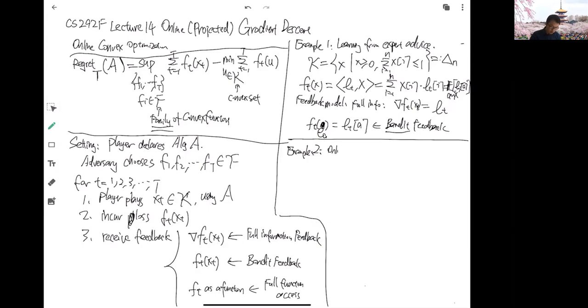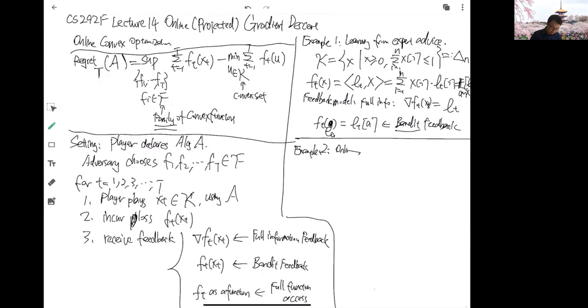Okay, so online linear models. Sometimes these are called generalized linear models.